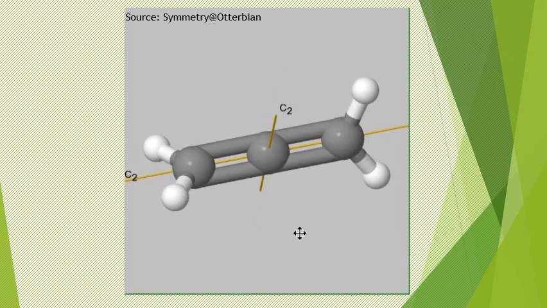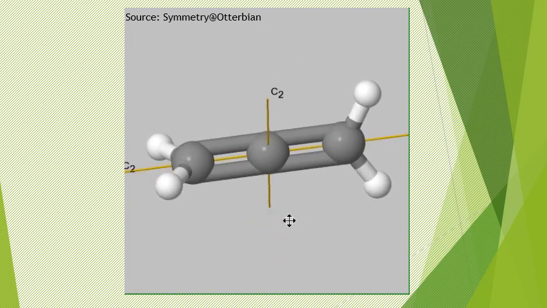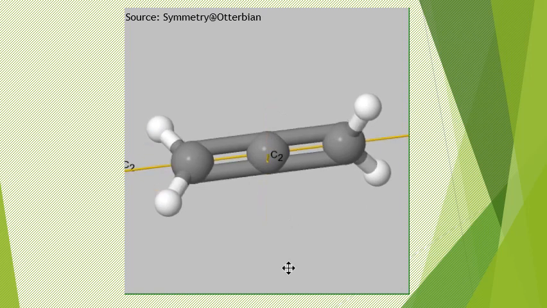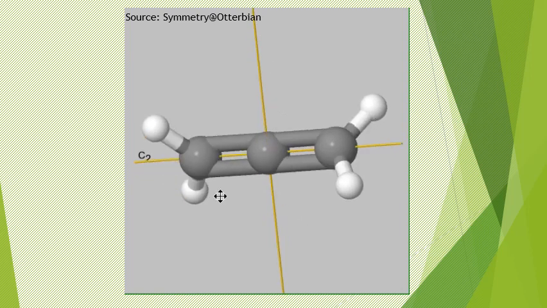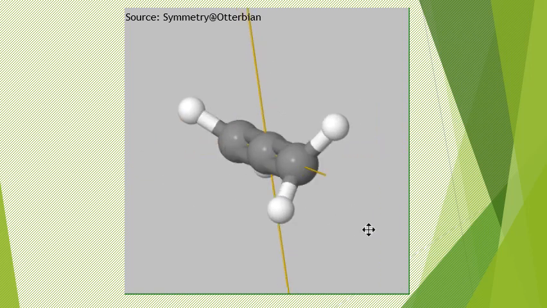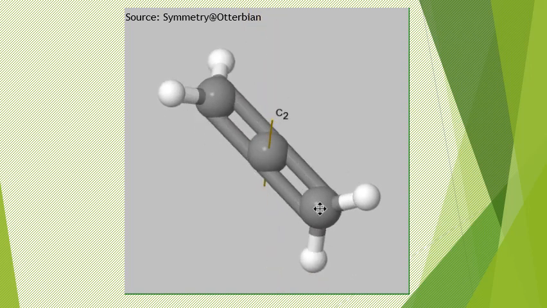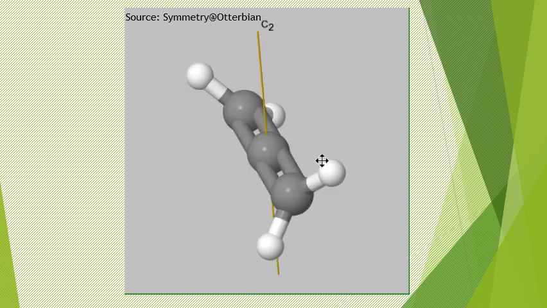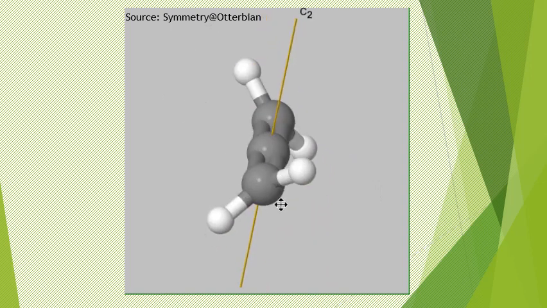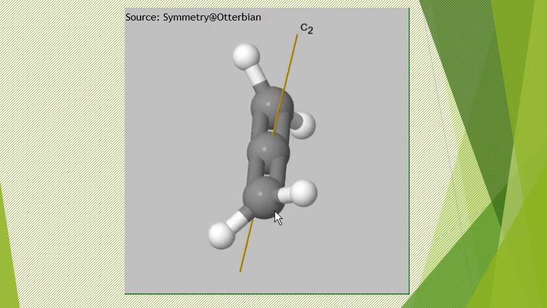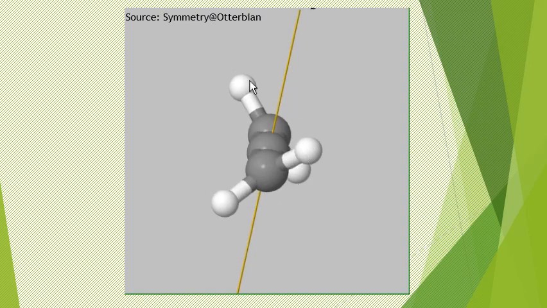Now we don't have sigma h in this case, because consider any C2 axis, say any of them. Let's say I consider this. Now this is a C2 axis. Be very careful here. This C2 axis bisects the angle subtended by these two hydrogens, the hydrogen on this carbon atom and the hydrogen on this carbon atom.